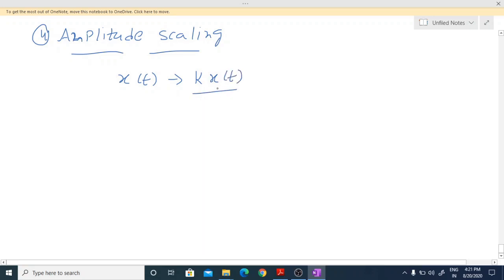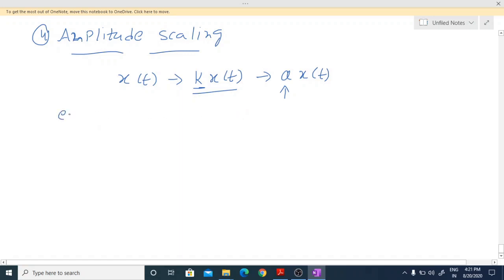If I multiply the signal x of t with k, then the corresponding amplitude will be scaled. Here mostly we can consider k as small a, so a into x of t. Depending upon the a value, the amplitude will change. In this case, the time does not change. Only the amplitude will either increase or decrease based on the value of a.